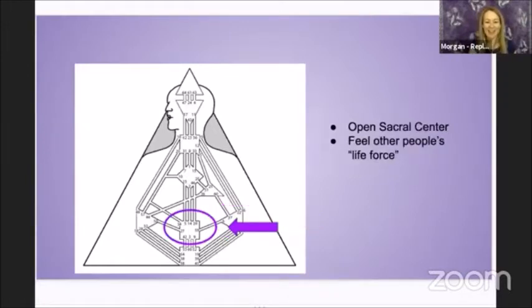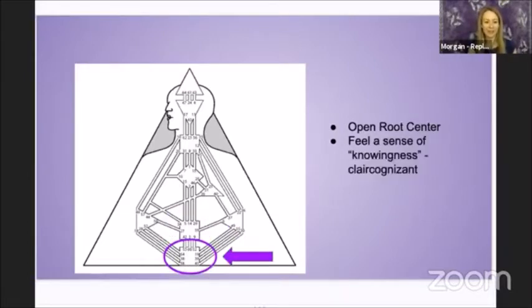Okay, and next we have the sacral. With an undefined sacral center, you are able to take in and feel or sense other people's life force. So it's considered clairsentient. All right, and then the open root center.